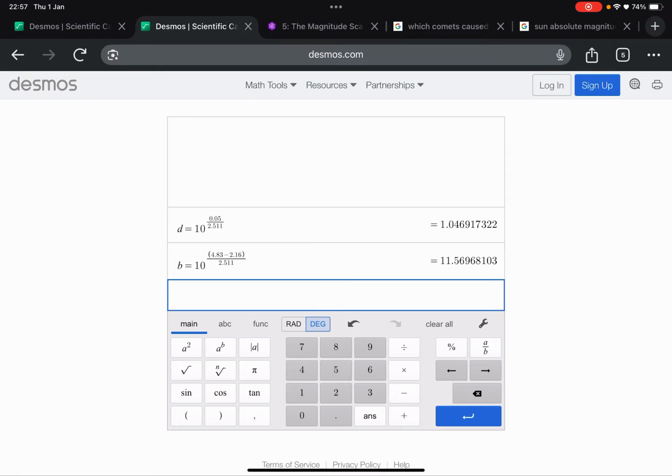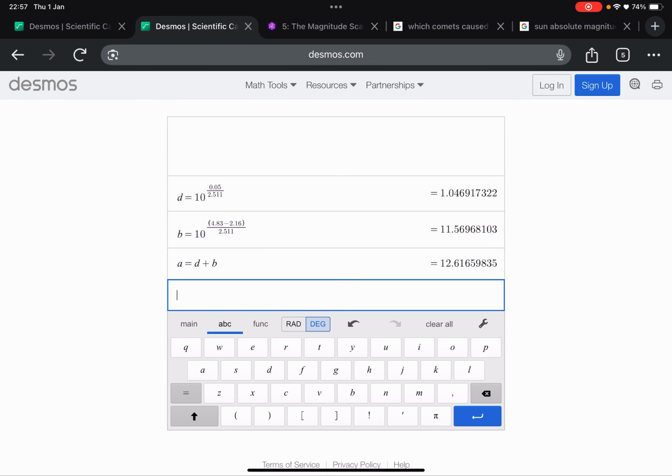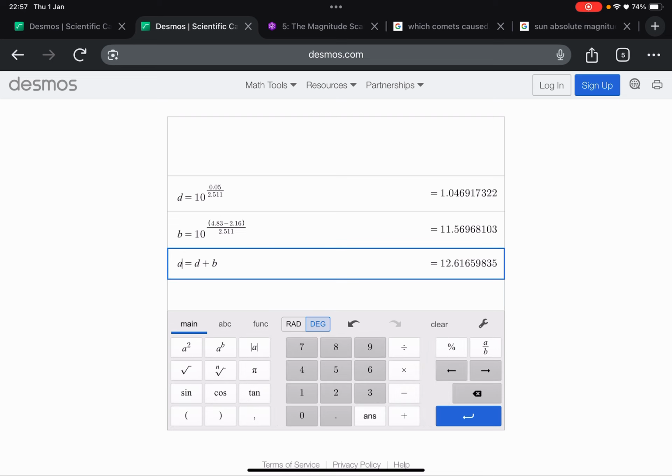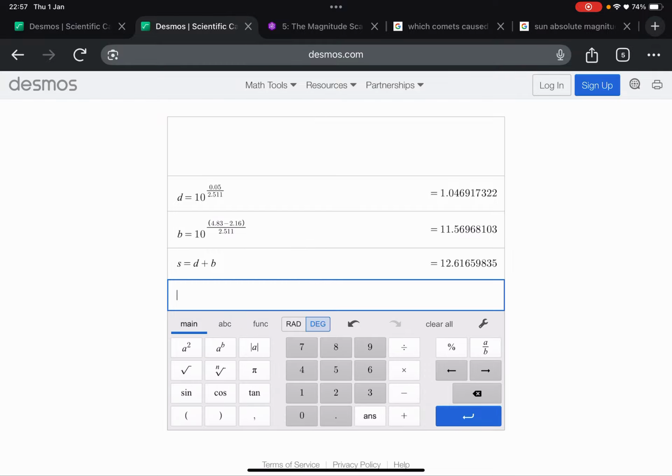So we have this much, and then we add them together, and then we have D plus B, A equals D plus B, and then we should say S because the sum is the bright versus dim, and then you convert it back to the scale.